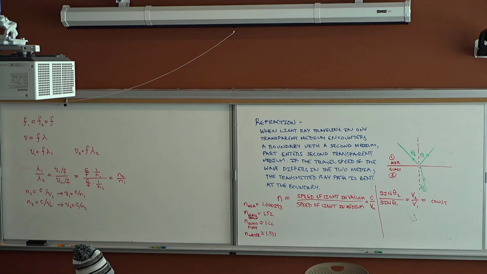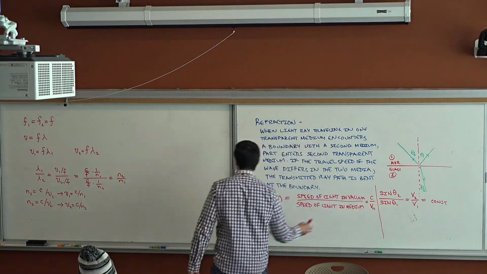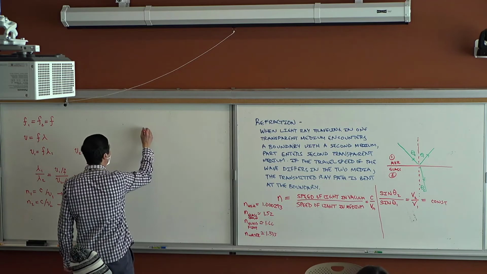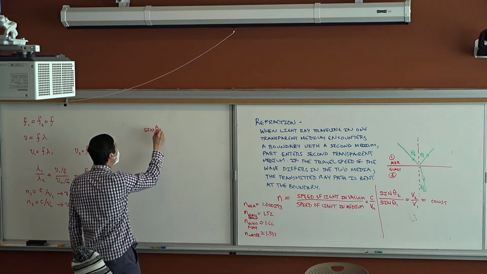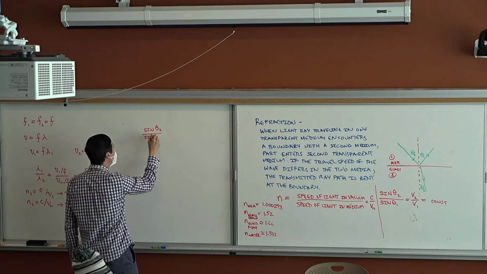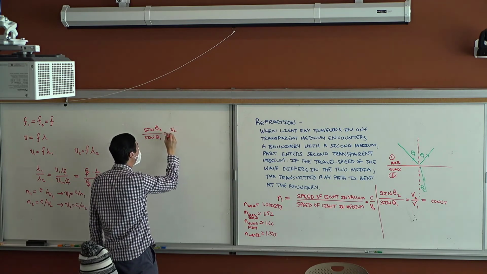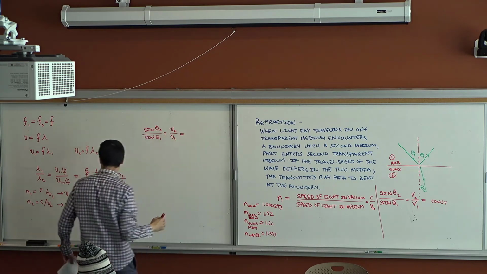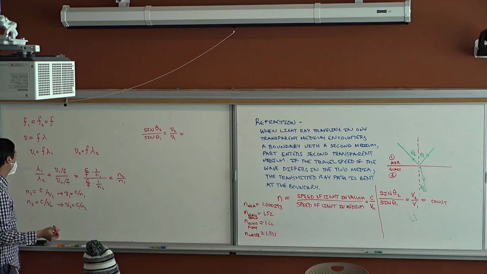Combining that with the statement sine theta 2 over sine theta 1 needs to equal v2 over v1. But we just said v2 over v1. Wait.